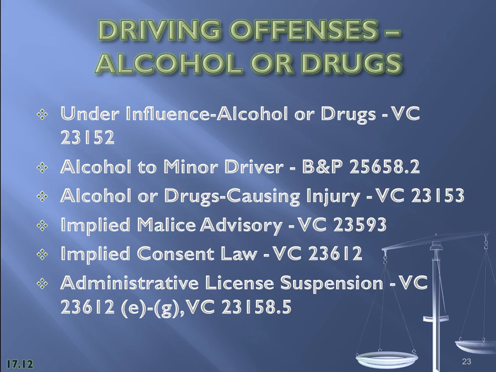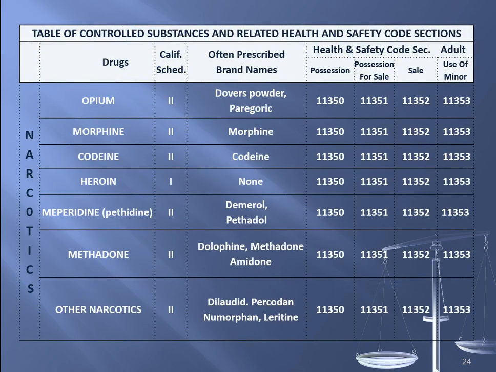Now, there are some other sections here that we're not going to spend a lot of time going over. You can look at those at your leisure. The last point that I wanted to make before we end for the evening is that a person convicted of DUI with 3 or more prior convictions for DUI, or what they call a wet reckless, which means it was a DUI and they dropped it down, the penalty can actually be a felony instead of a misdemeanor.